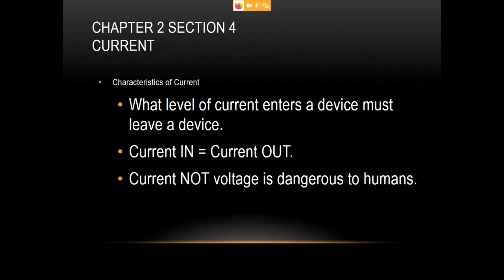Current, not voltage, is what actually causes damage that can cause your heart to stop. Okay, so when you get electrocuted, you hear people say, well, 500 volts is enough to hurt you or possibly kill you. It's not really the voltage that is going to do the damage. The damage is done by those electrons flowing through your body, and especially through your heart muscle, right?